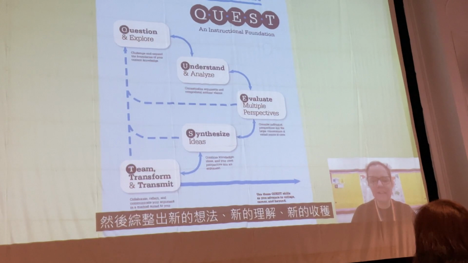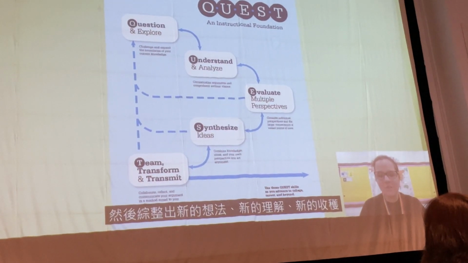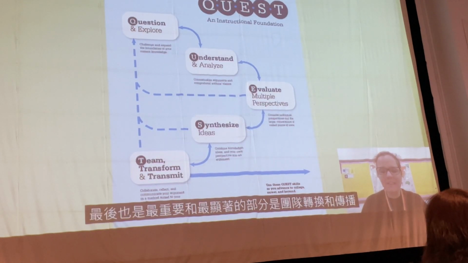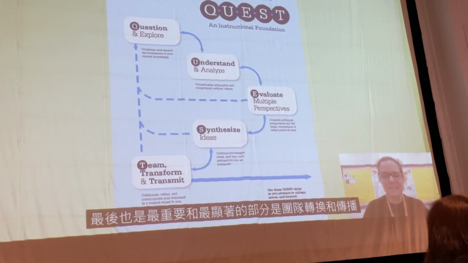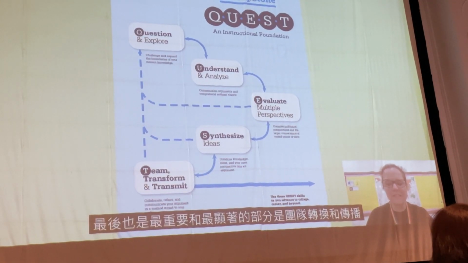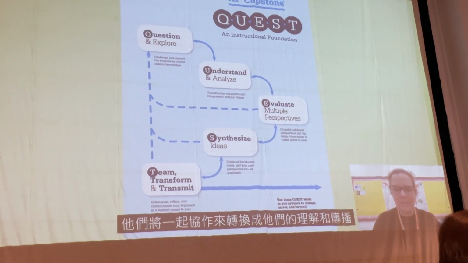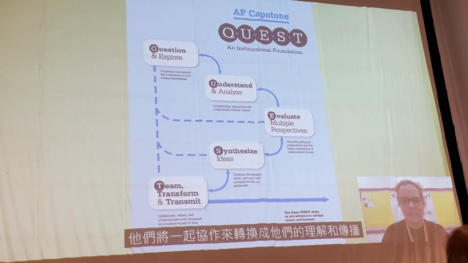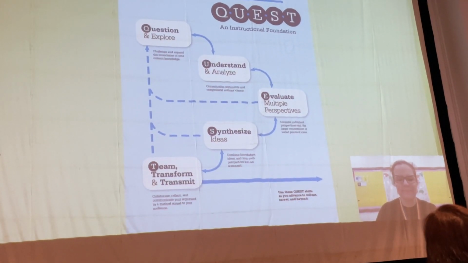Then to take that and synthesize new ideas, new understandings, new takeaways. And then the final and most important and significant area is the team transform and transmit, where they will collaborate together to transform their understanding and transmit, which means to share their learning.